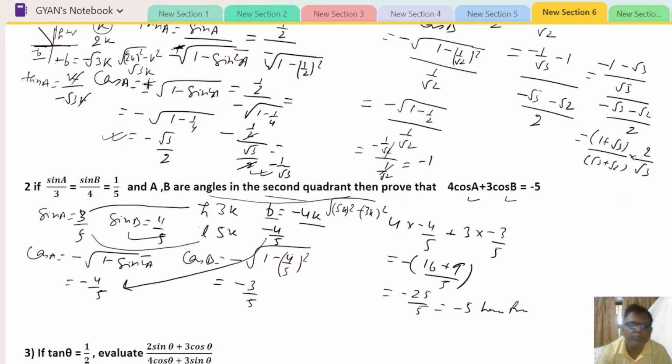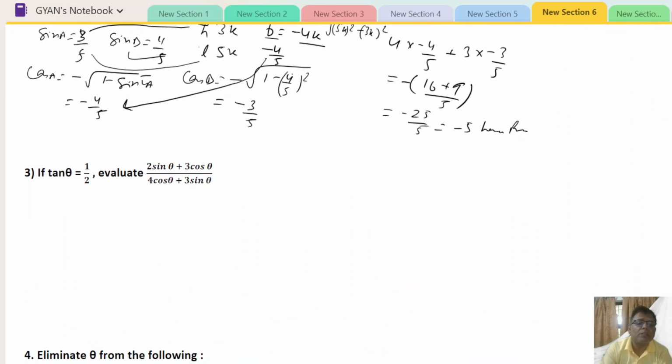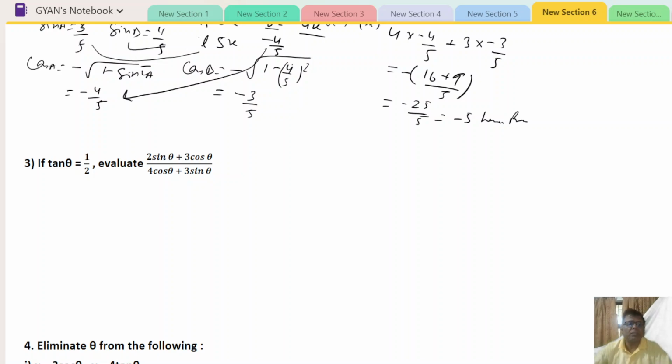So now come to the third question. The third question is given, tan theta is equal to 1 by 2. So you have to find sine theta. So how will you find sine theta and cos theta?